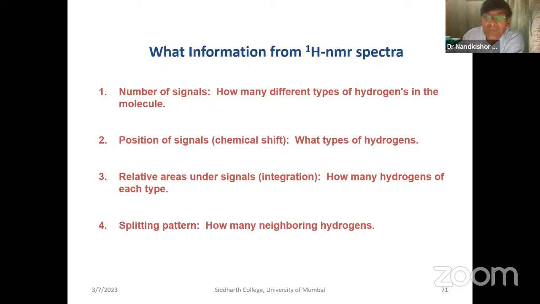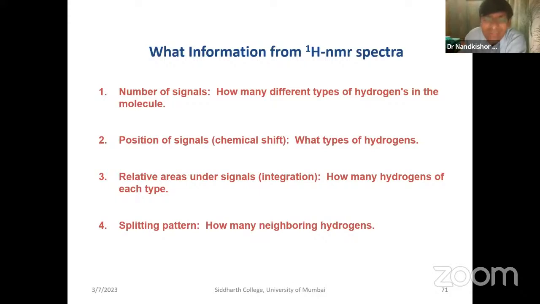Now, what information will you draw from the NMR spectrum? The first and very important information is the number of signals. Now, what is the number of signals? The number of signals gives the exact information about how many different types of hydrogens are there in the molecule. Take the example of CH3, CH2, CH, or maybe OH or NH2.